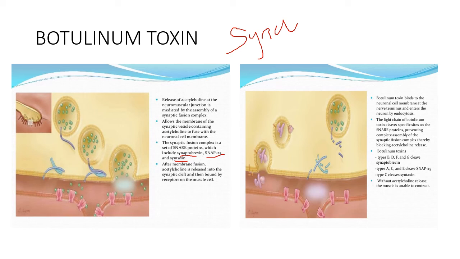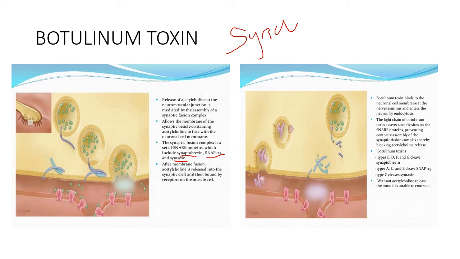Type C will also cleave syntaxin. In general, remember that this affects the synaptic fusion complex, that is the SNARE proteins. With the SNARE proteins affected, there is no release of acetylcholine into the junction, and without acetylcholine release, the muscle is unable to contract. So the muscle gets paralyzed.